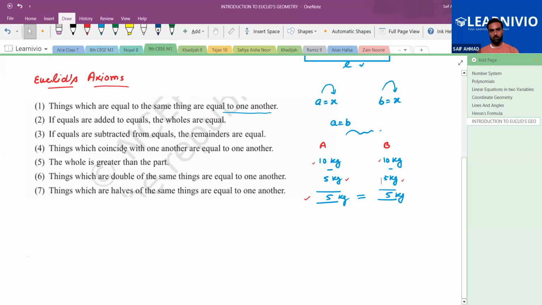Now the fourth axiom: things which coincide with one another are equal to one another.